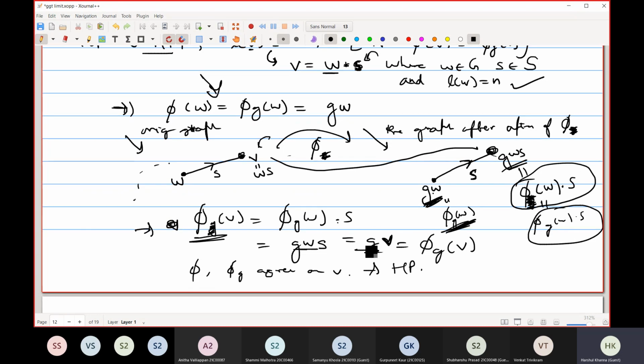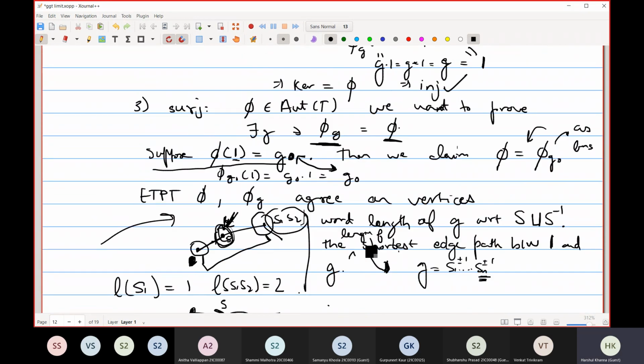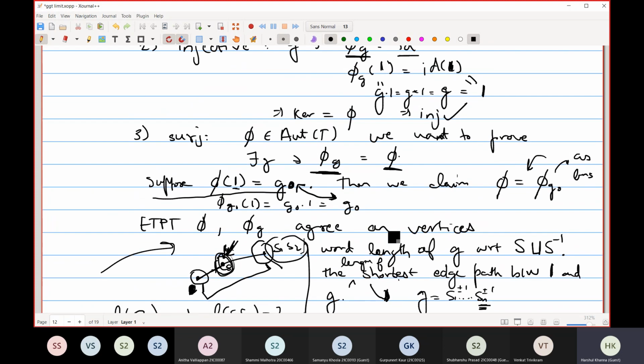So we have proven the surjectivity, that every automorphism is of this form, that you are left multiplying some element to your graph.